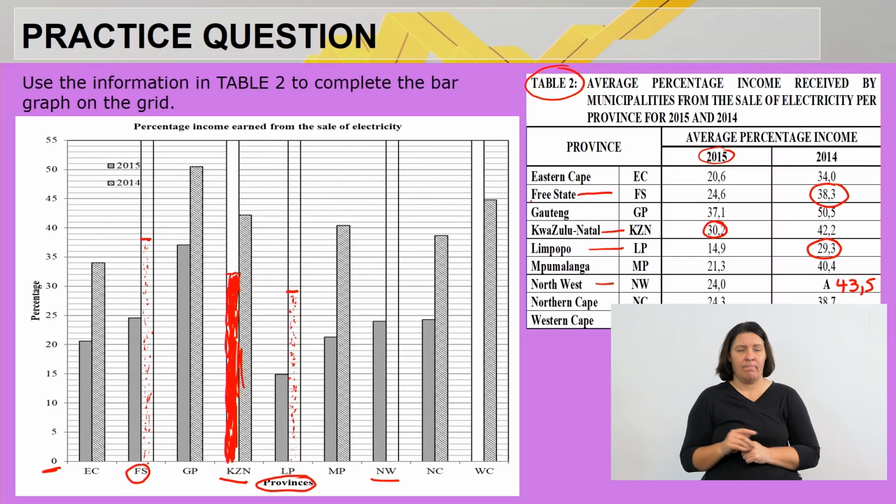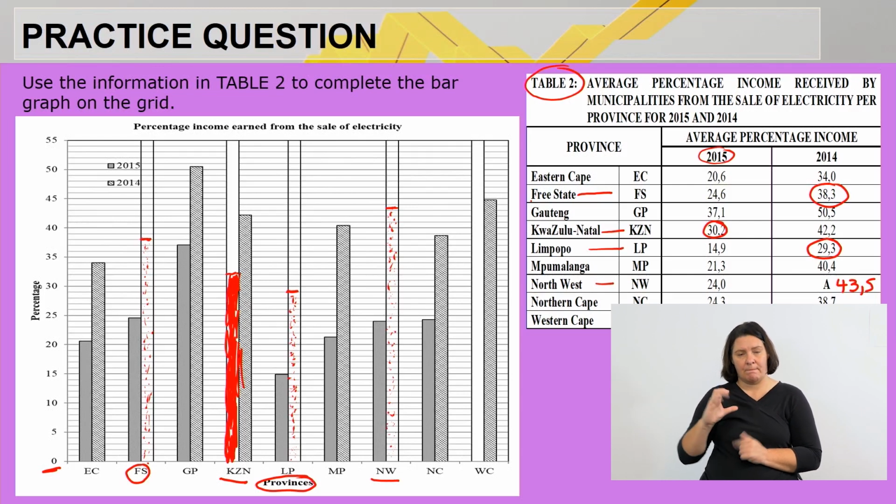So let's go. So 43.5. So it's 41, 42, 43.5. So it's more or less there. All right. And remember now it is again dotted lines. So let's quickly add our dots there for the year 2014 to indicate that's for the year 2014. Okay, guys, so Northwest we completed.